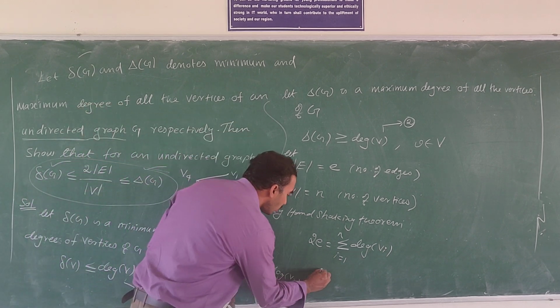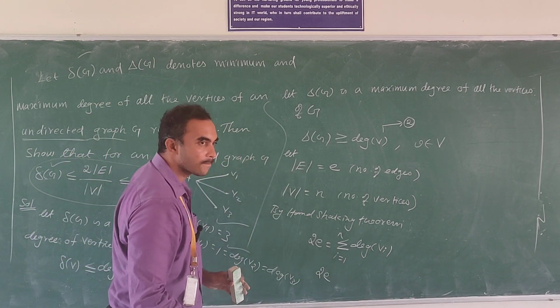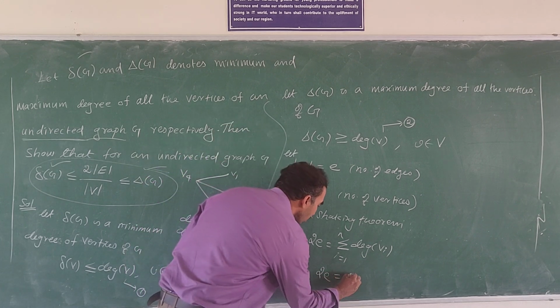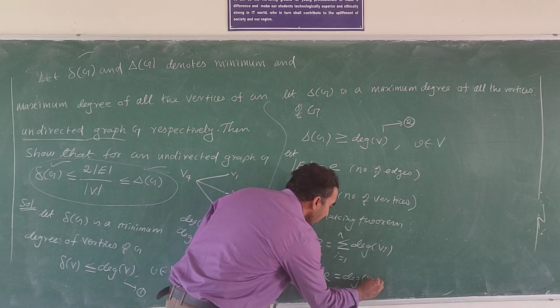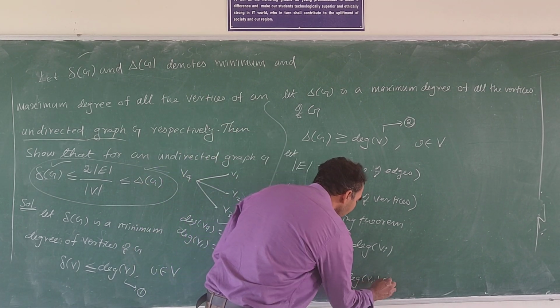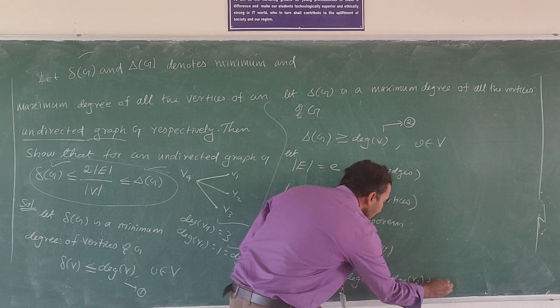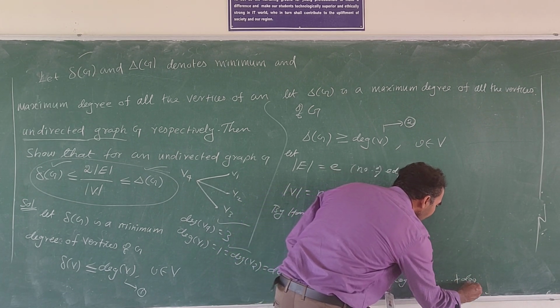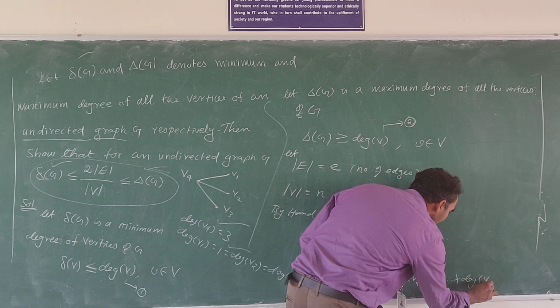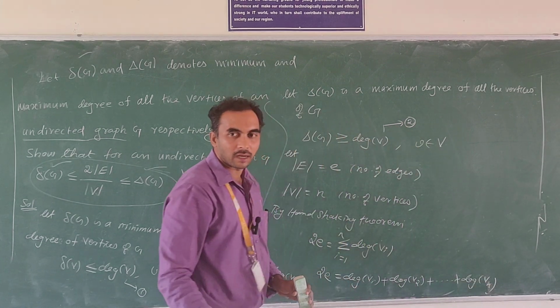So 2E equals degree V1 plus degree V2 plus, etc., plus degree Vn.